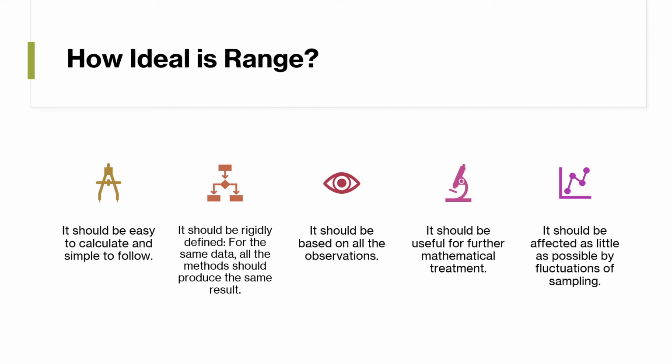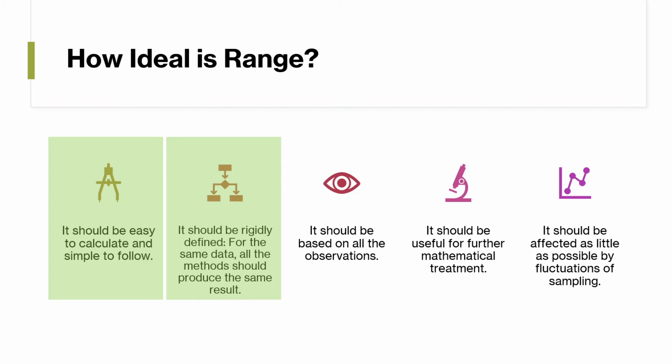How ideal is range? Is it easy to calculate? Totally. It's absolutely easy to calculate and fairly simple to follow. What about definition? Yes, it's rigidly defined. We know there will be one minimum and one maximum value, so no issues.